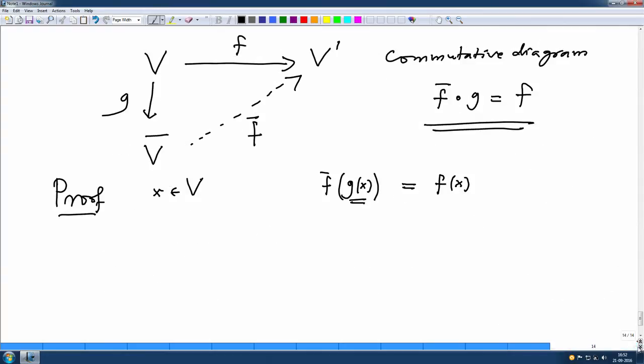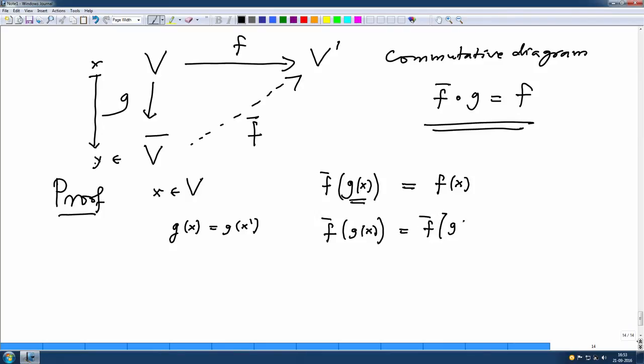Not only that, but we have to check a little bit more, that suppose somebody may have two elements. Surjectivity means that given any y here, y is coming from some x, but it may happen that the same y is coming from two of them. So, it may happen that g of x is also equal to g of x prime, but then we will have to check that f bar of g of x is the same as f bar of g of x prime.